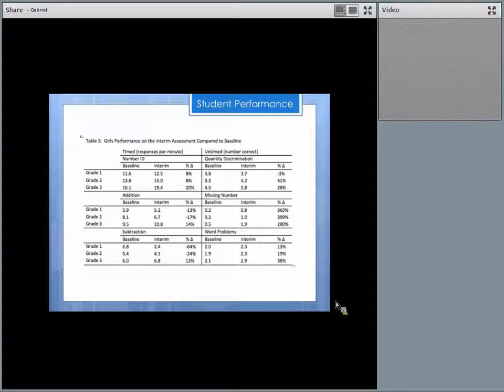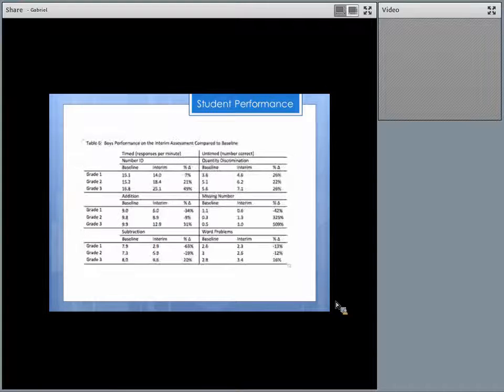And if you go to the next, a very similar pattern with the boys who were assessed, that essentially there was no specific effort to improve mathematics instruction, and it seems to suggest this across these specific measures.